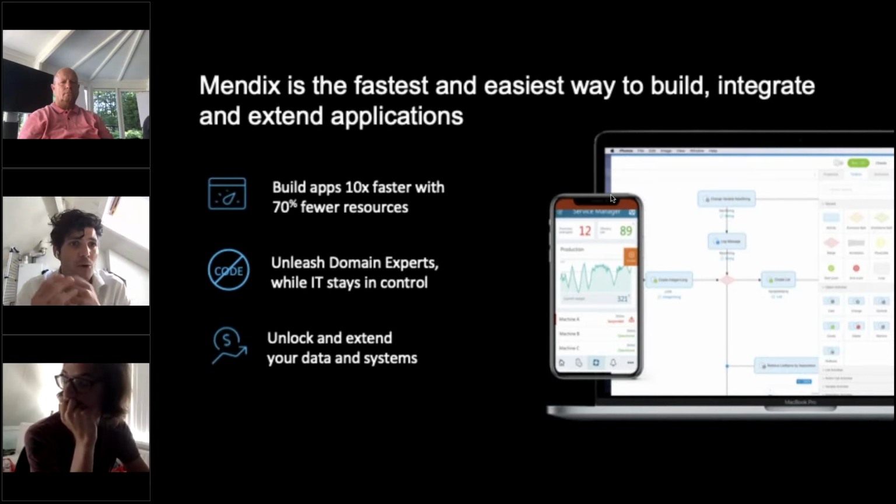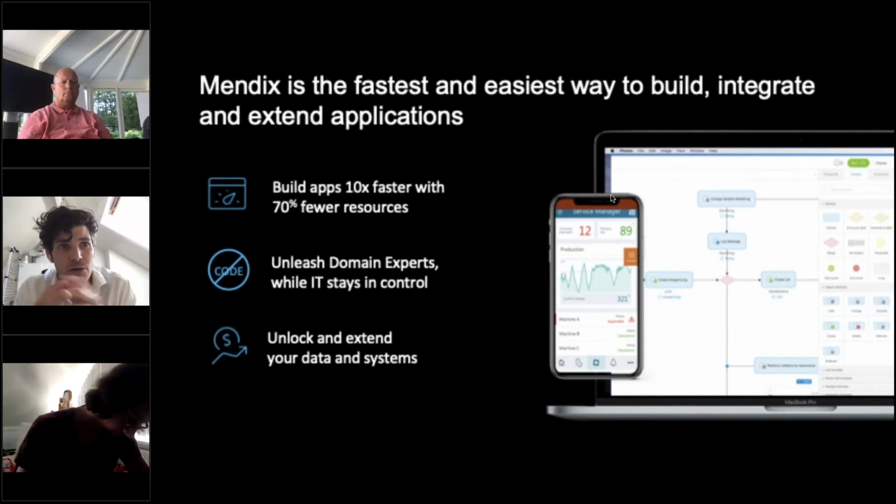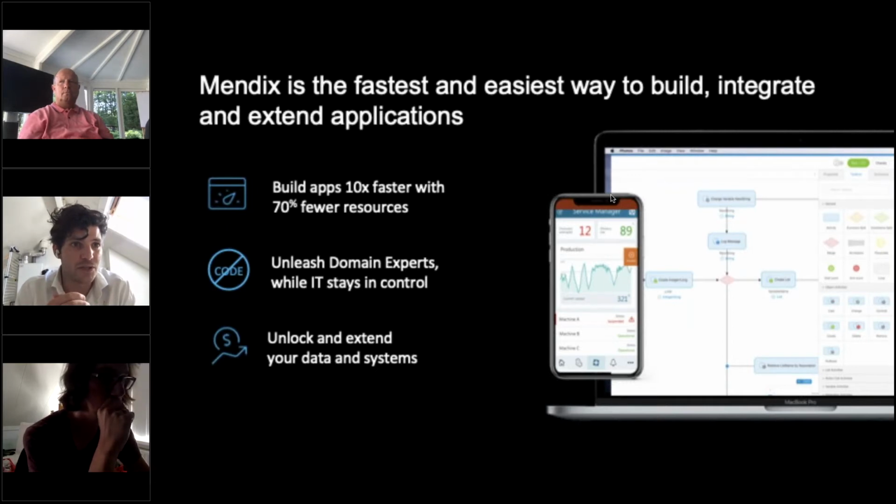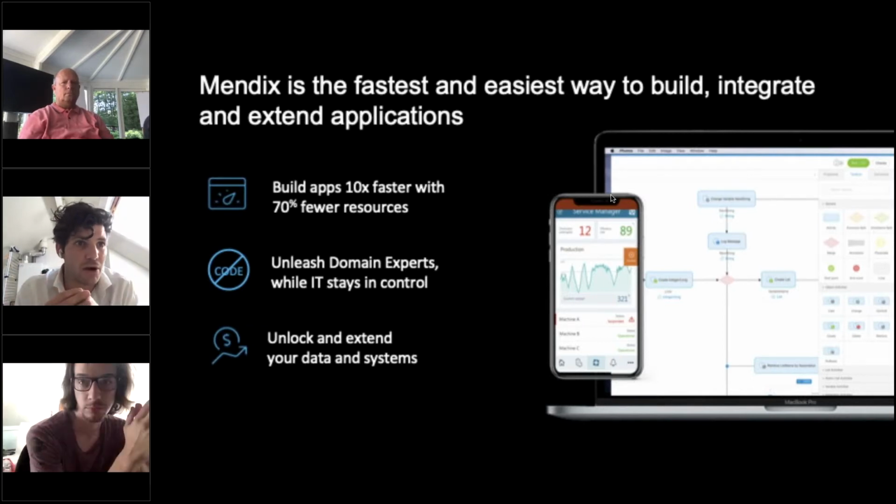But we also help our customers, the real code experts, so they don't have to build everything themselves anymore. Because of low code, smart business engineers are able to build their own applications in an easy way, with data integration from all the systems that are already in place within their IT infrastructure.